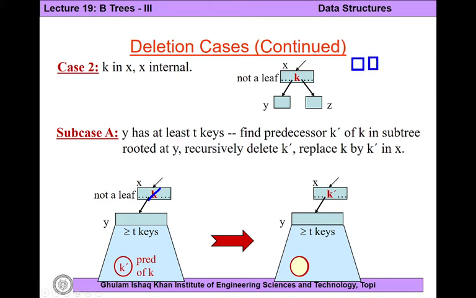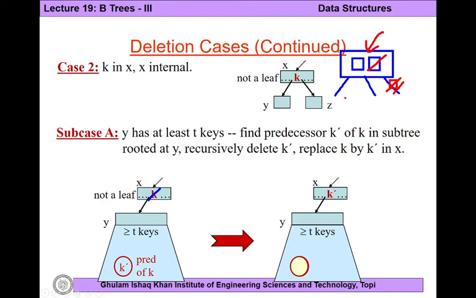If this node has two keys, it means it is going to have 3 children, and once we remove one key from here, we need to remove one child as well.